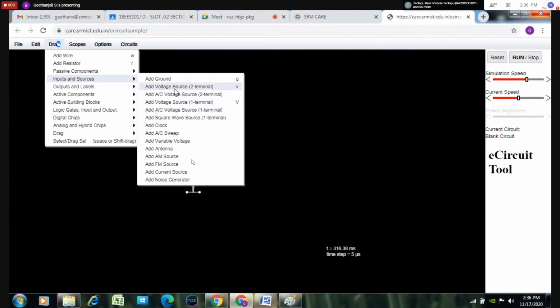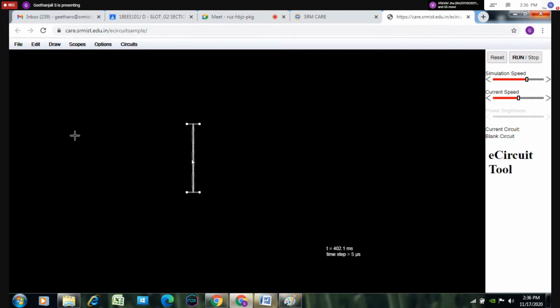All of you make a note. Go to draw, go to inputs and sources, add voltage source to terminal. Add this.